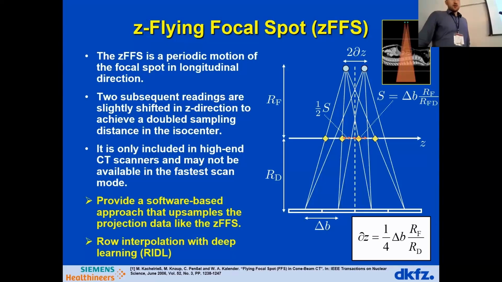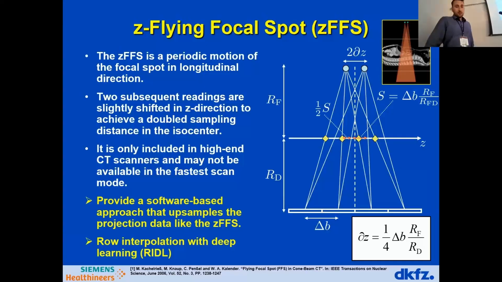So let us quickly have a look at how the method actually works. The ZFFS allows for the periodic movement of the focal spot in longitudinal direction to improve the sampling in the Z direction.